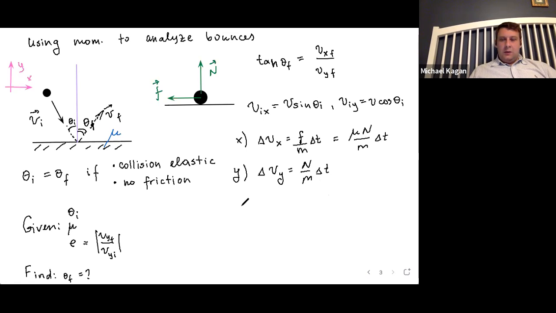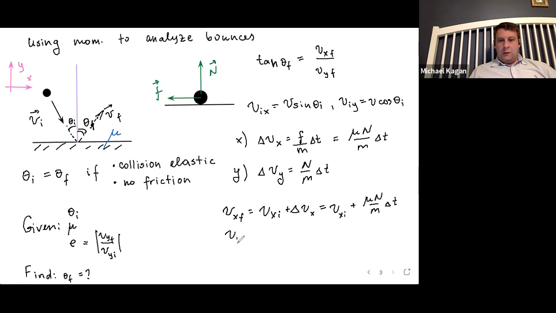So we need to say that Vx final equals Vx initial plus delta Vx, which is Vx initial plus mu N over m delta t.